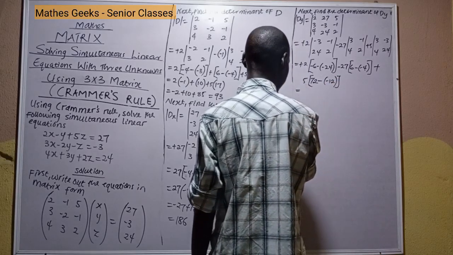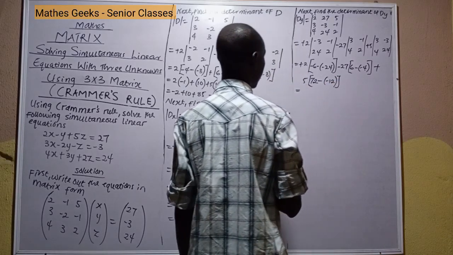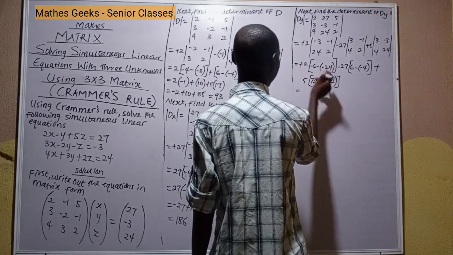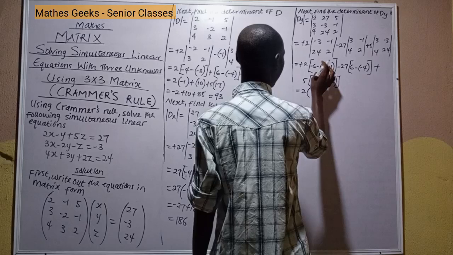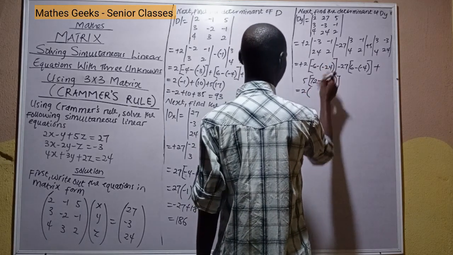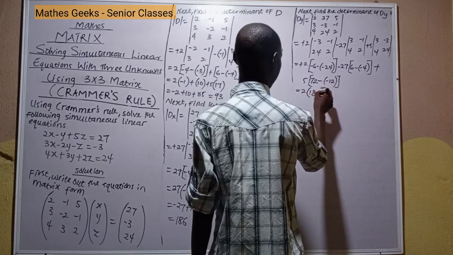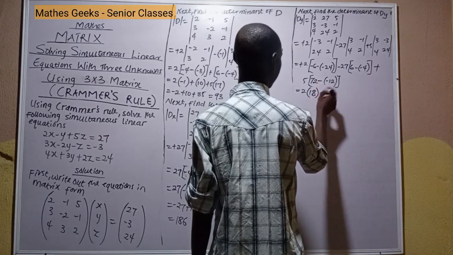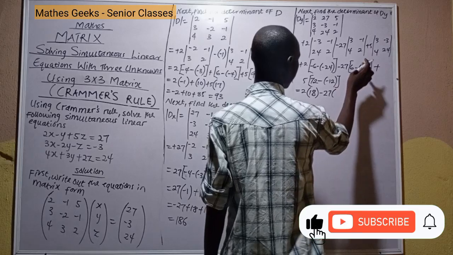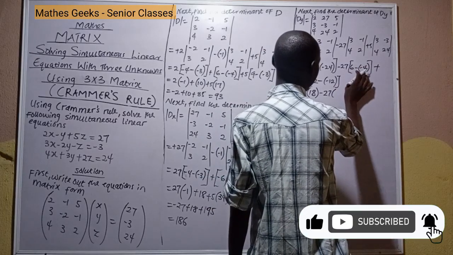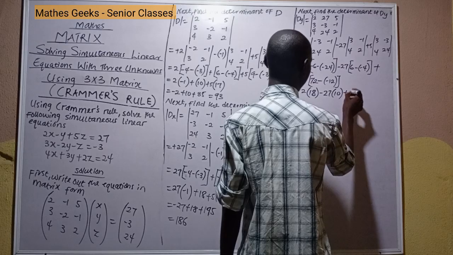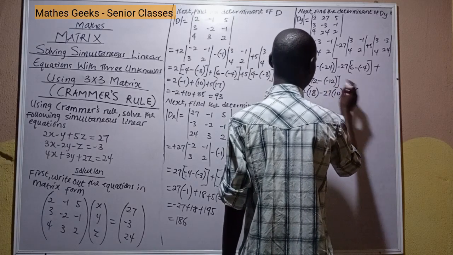So we have plus 2. Yeah, it's 2. Minus times minus is plus. Let's see, minus 6 plus 24 is 18. 18 minus 27. This is minus times minus plus 6 plus 4 is 10. 10 plus 5.